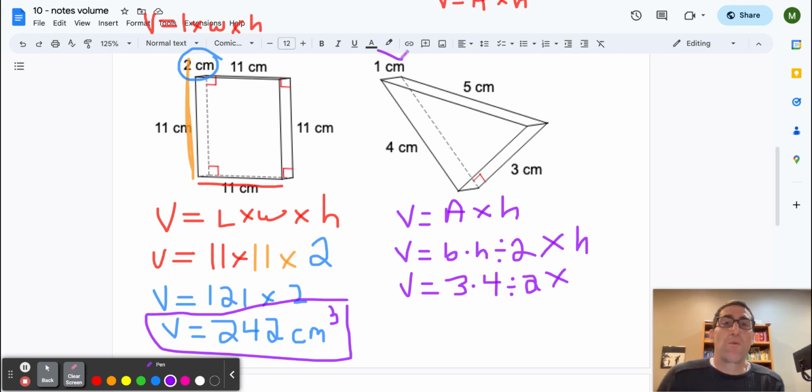Well, it's that 1 centimeter here that tells me how wide this is. The 5 is just noise. It doesn't help me. Here's my entire formula for finding the volume of this right triangular prism. So the volume here would be 12 divided by 2, or 6. 6 times 1 is still 6. 6 centimeters, and again, because we're going to volume, we're going to 3 dimensions, we're going to say that's cubed.